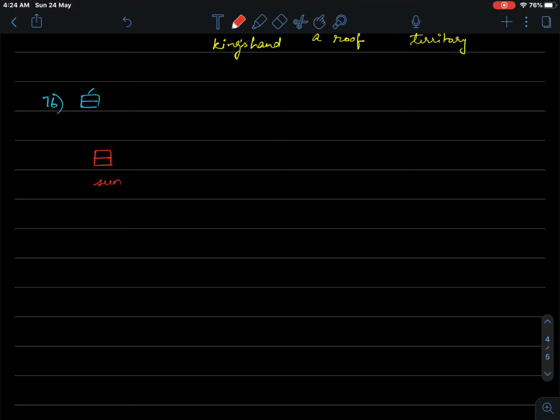Now imagine this to be a blinding white ray of sunlight. Okay, the meaning of this kanji is white.